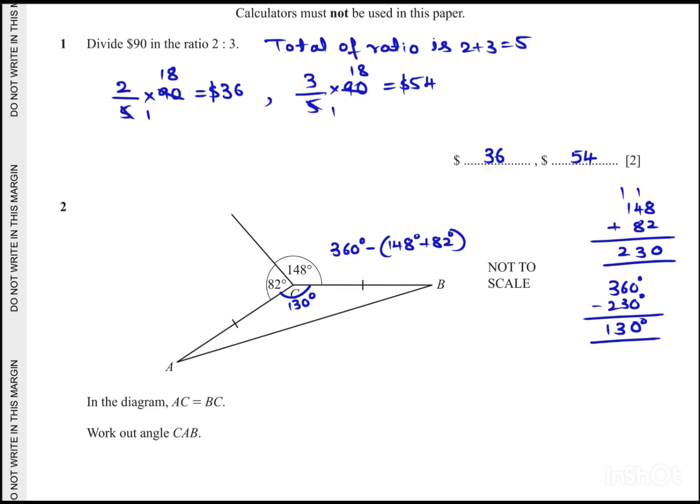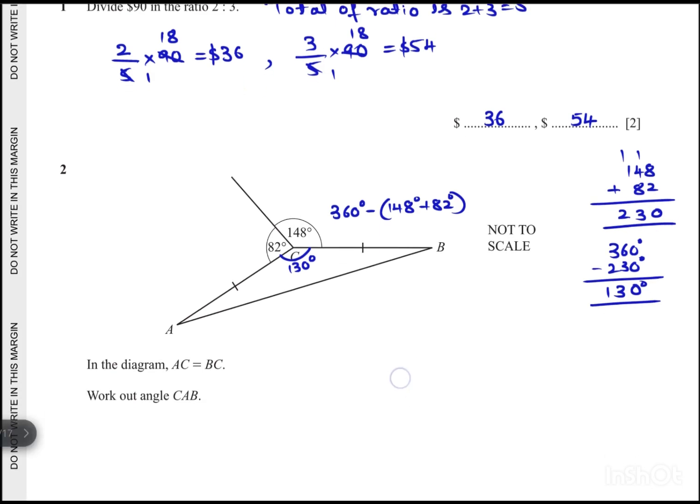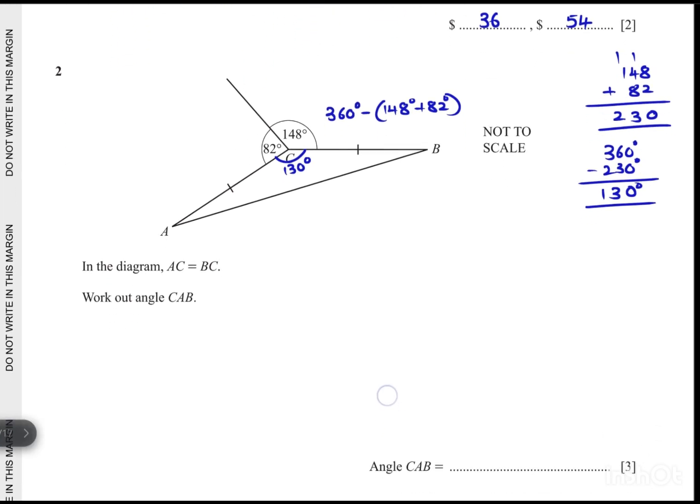Now we see here in the diagram that this triangle is an isosceles triangle. So write down that triangle ACB is an isosceles triangle and AC is equal to BC.